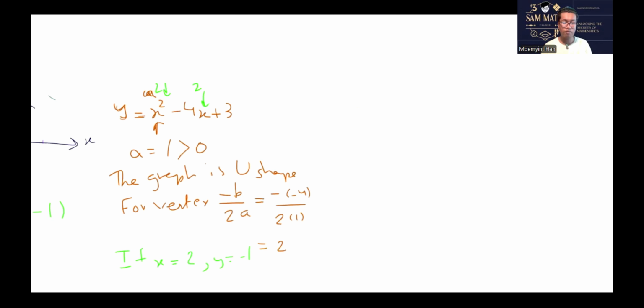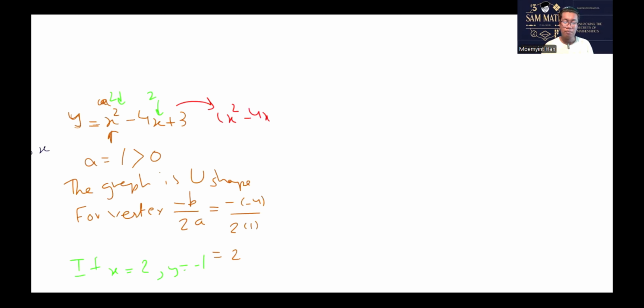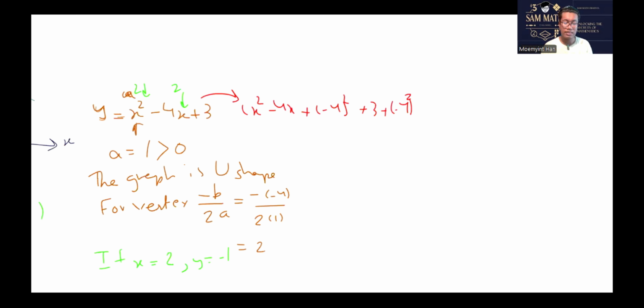Instead of using the vertex formula, you're going to make x squared minus 4x, and then we're going to complete the square. Sorry, it's not -4, it's -2, right? I have talked about this in the former video, so you can take a look.